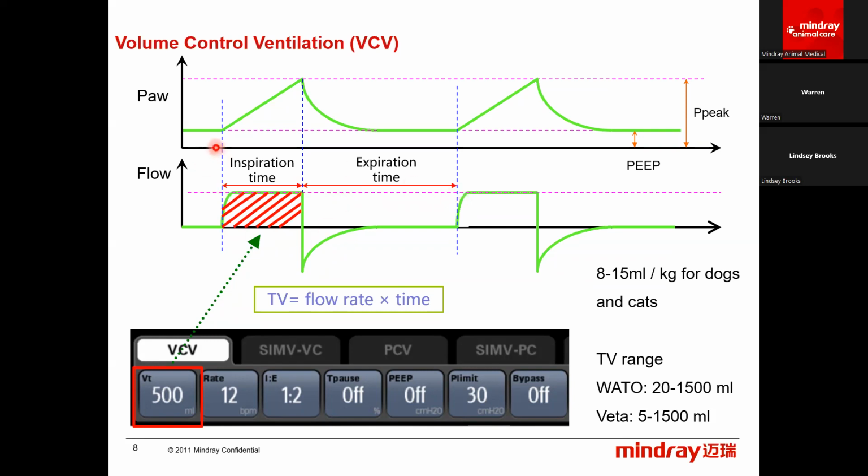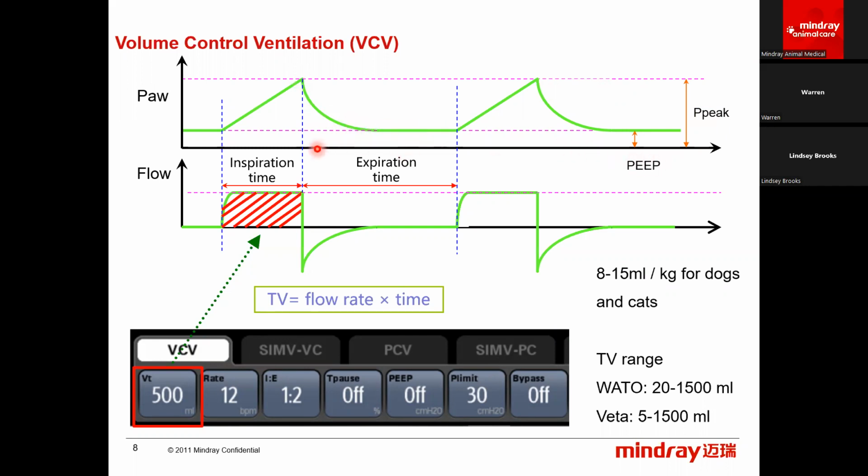As our oxygen or air flows into our patient at 2 liters per minute over this inspiratory time, our airway pressure slowly rises up to our peak airway pressure, our P peak. And then as our patient exhales, that airway pressure slowly decreases back down to our baseline.